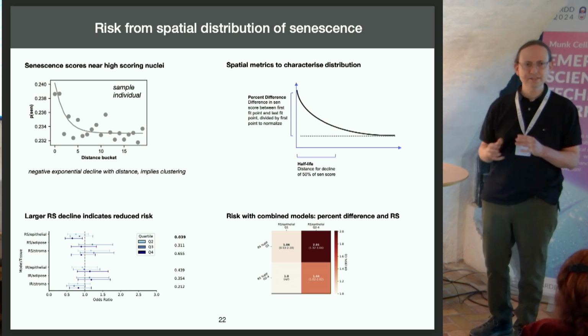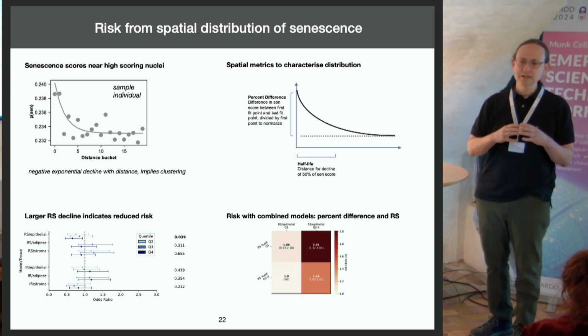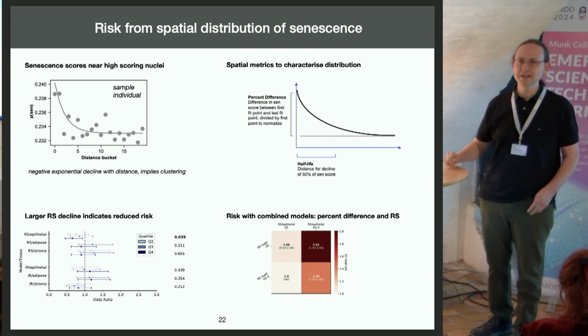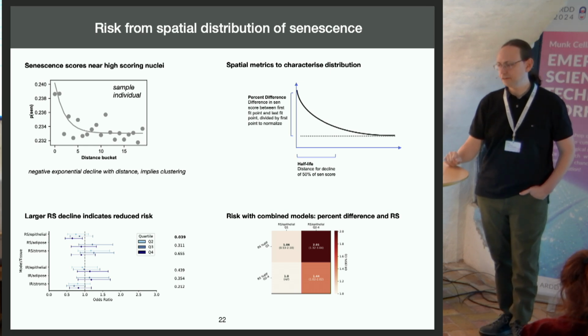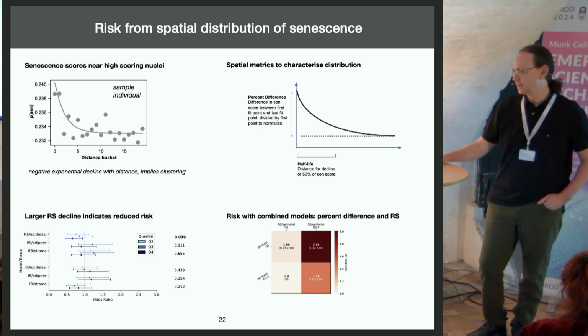What that means is that if you have senescent cells, in the vast majority of cases the rate of senescence tends to be higher in that region and then decline, which fits the idea of pockets of senescence, or of senescence spreading by paracrine factors, as has been hypothesized.